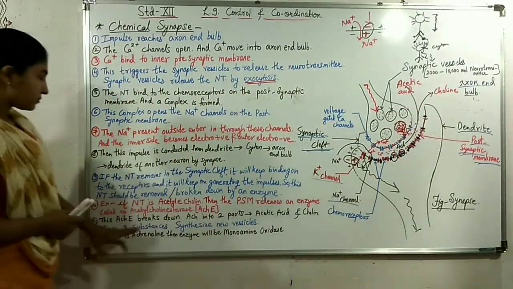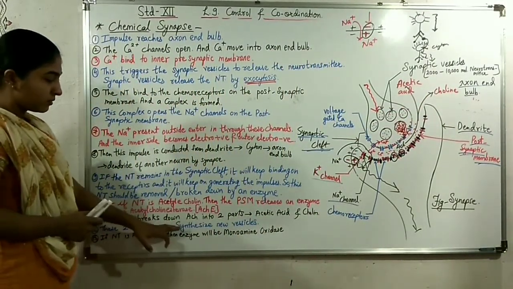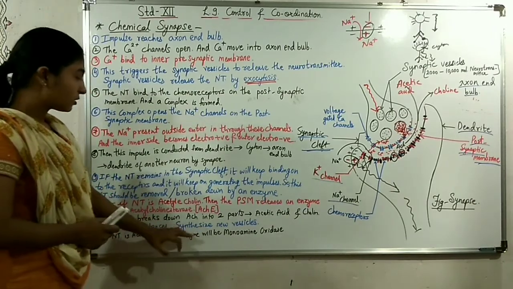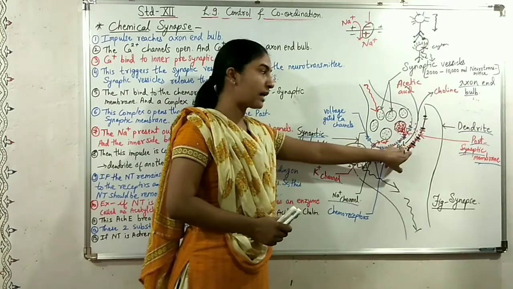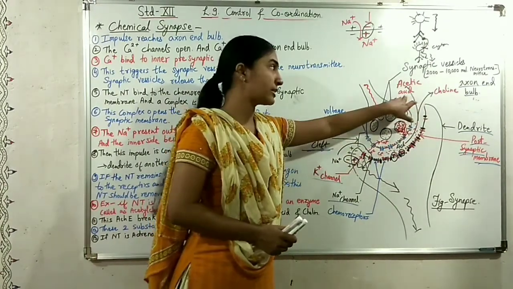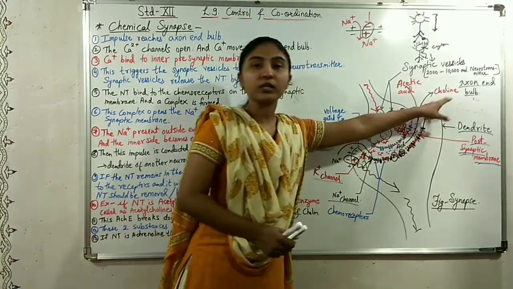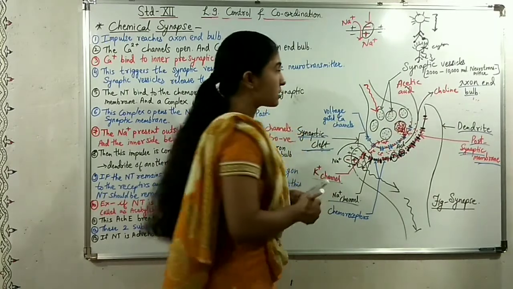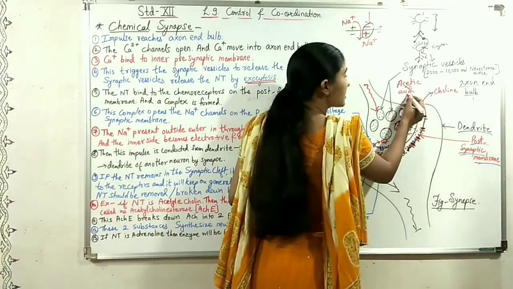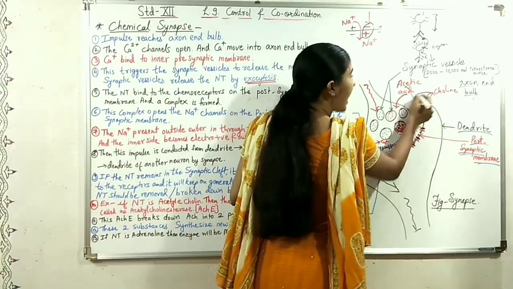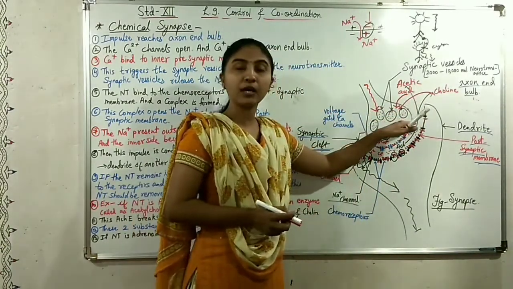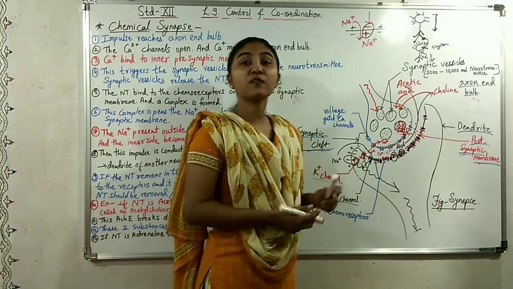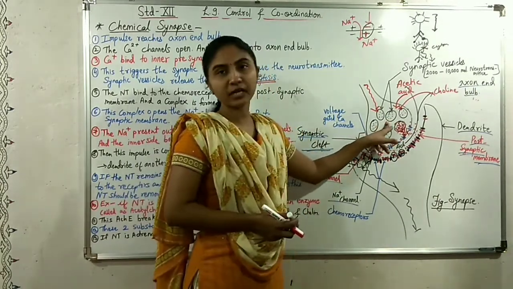These two substances into which the acetylcholine is broken down, that is acetic acid and choline, now what do they do? They again enter the axon end bulb, and they help in the formation of the synaptic vesicles.